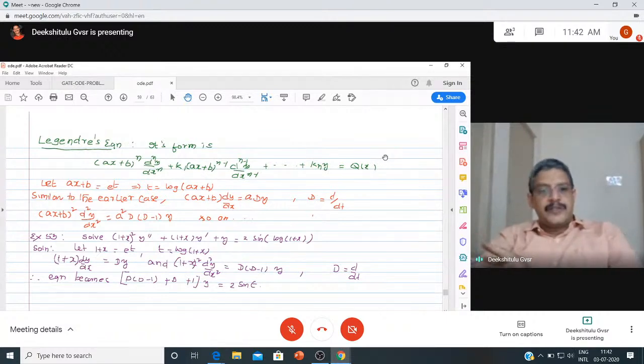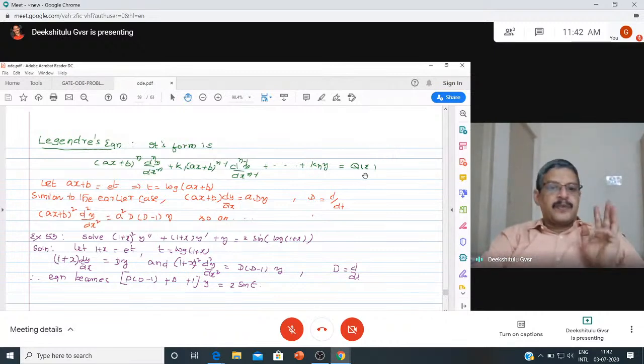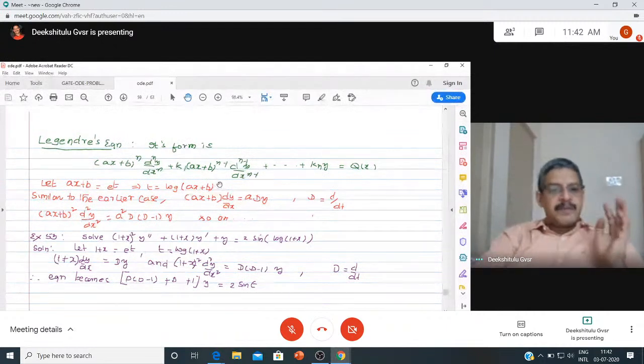Then A, B, C, D, four options for four different functions. We have to select the suitable function. That is ax plus b is equal to e power t. Another option may be given as x is equal to e power t minus b by a. Same thing. Or t is equal to log of ax plus b. So different options may be there.